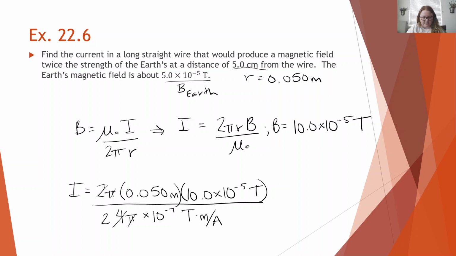And then times 0.05 times 10 divided by 2, and we get 25, and this should be in amperes, and we can double check. Our Teslas will cross out, our meters cross out, this will come to the top, and perfect. So this is our current in that long straight wire producing some magnetic field.